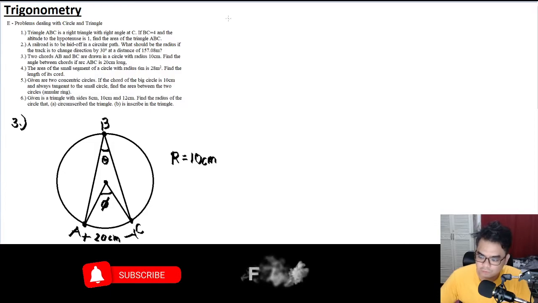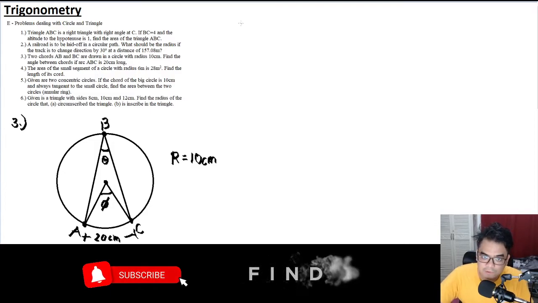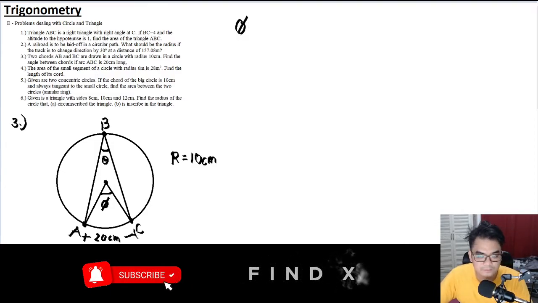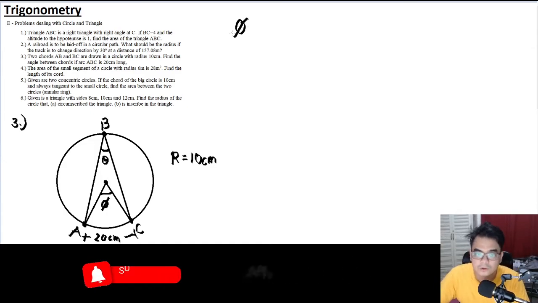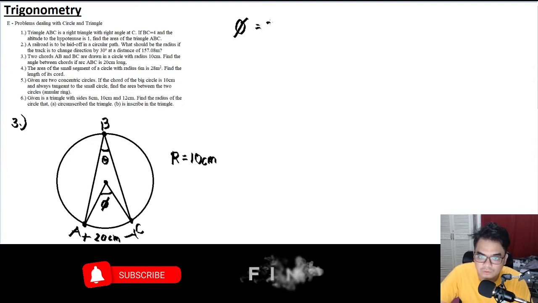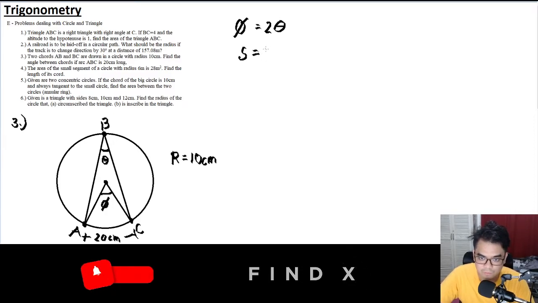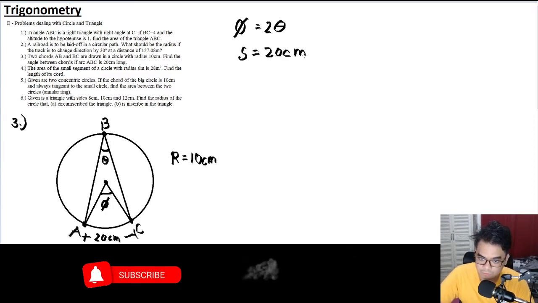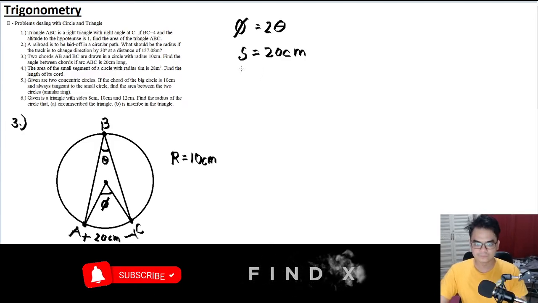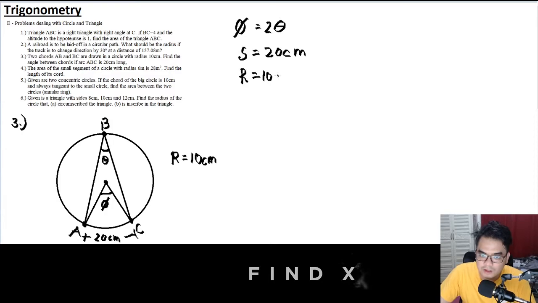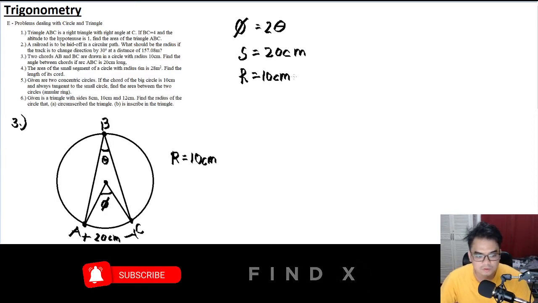In that case we can say that phi is equal to 2 theta. So we got here an S equal to 20 centimeters and an R equal to 10 centimeters.